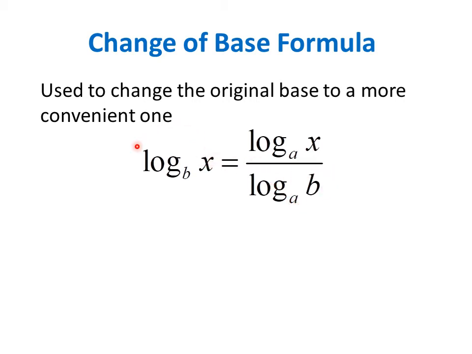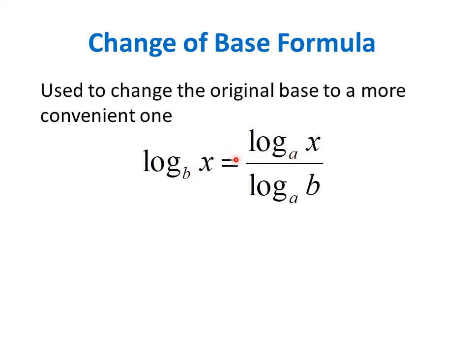So notice that on the left side, which is the original expression, we have log to the base b. But if we cannot easily use b as the base to get a base for the argument x, we can change this base b to any number, any base.